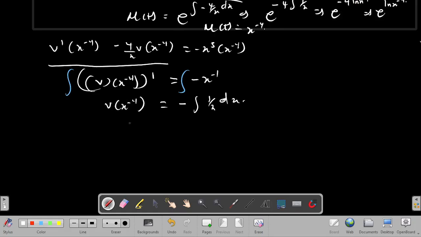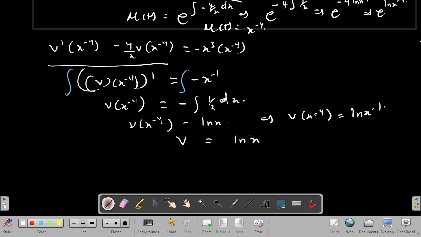So I'm going to have v times x to the power negative 4 is equal to negative ln x. This gives v times x to the power negative 4 is equal to ln x to the power negative 1. What's the answer? I simply make v the subject. V is equal to ln x to the power negative 1, plus c.